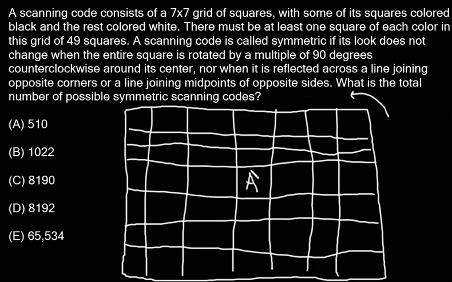And so what else do we know? If we label B right here, B is just another color. B, B, B, B, B. We would also have something symmetrical if we rotate it by a multiple of 90 degrees, because let's imagine rotating just that little portion.